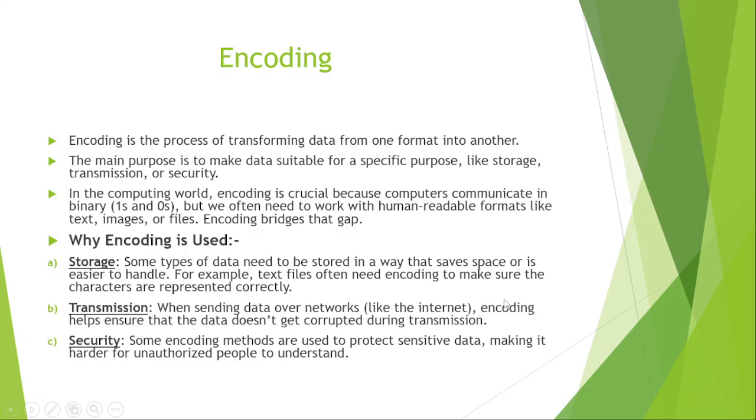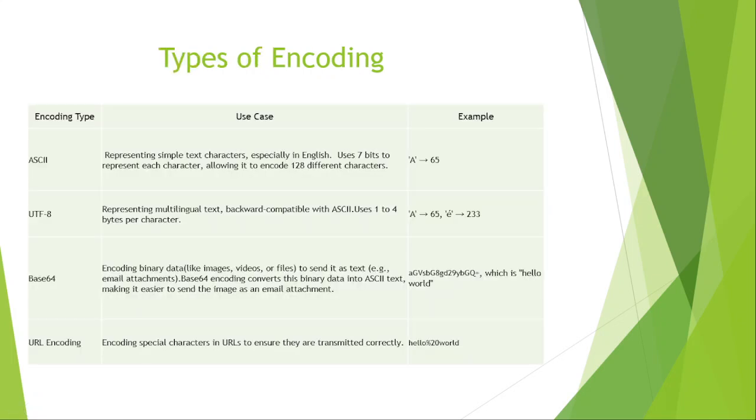Now that's the basics of encoding. Now let's understand the types of encoding. There are many types of encoding, but I will discuss a few that are very important in terms of ACE and also in general.